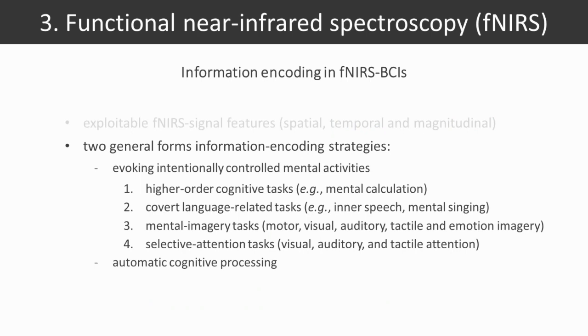For example, higher order cognitive tasks like mental calculation, covert language related tasks like inner speech or mental singing, and third, any mental imagery tasks, so for example motor, visual, auditory, tactile or emotion imagery, and also selective attention tasks can be used to evoke different brain activation patterns, for example visual, auditory or tactile attention tasks. And then the second form, which is more the automatic cognitive processing, where we really use brain activation that automatically evokes. About this you will hear a lot later in the second talk by Ujjwal.